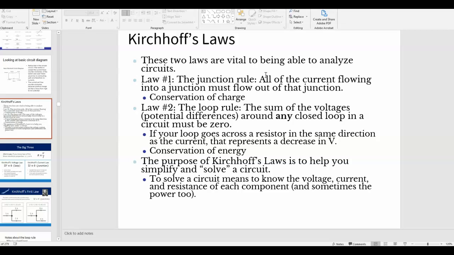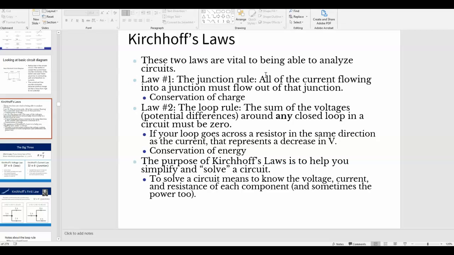In order for this law to not be true, either current is going in and then just disappearing, or otherwise you have more current coming out than you have going in, which means you're magically creating charge inside of that junction. Both of those violate the conservation of charge, which is one of the fundamental laws of the universe. So the junction rule, or the junction law, is really just a restatement of conservation of charge. That one is pretty intuitive.